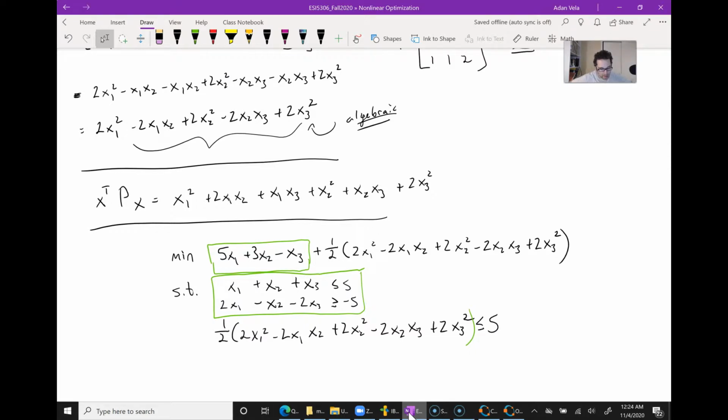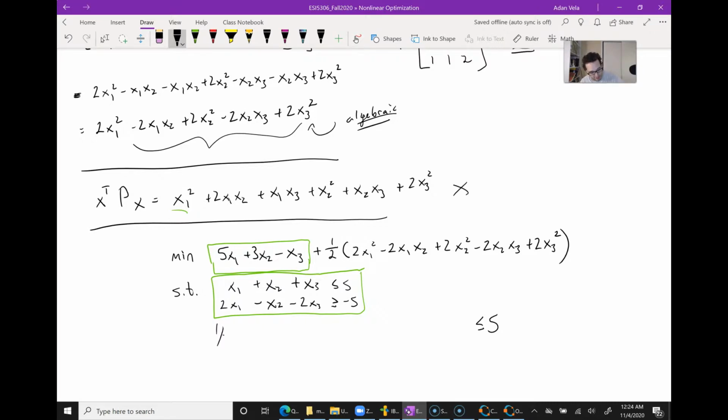Oh, so I definitely copied it down wrong because I should have x1 squared. Did I copy down the wrong equation? Oh, no, it's because I copied down the wrong equation. Sorry, so this is incorrect. All right. So it should have been this guy here.